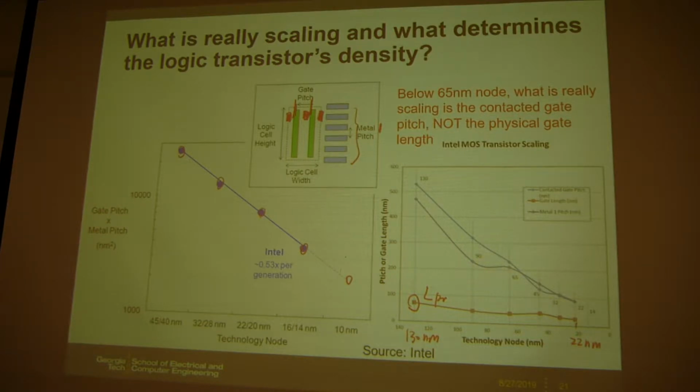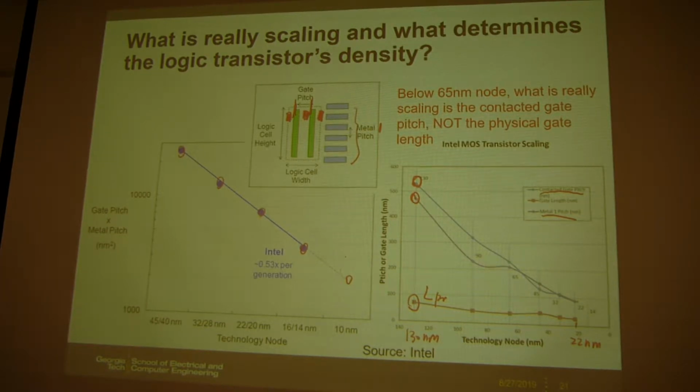So from 130 nanometer down to 22 nanometer, you can read the scale. The printed gate length does not scale too much, but the contact gate pitch, this one, and the metal 1 pitch, this one, scales significantly from 130 nanometer down to 22 nanometer.